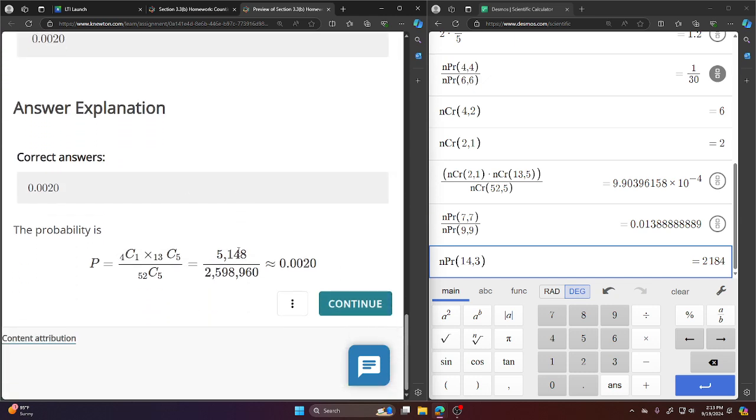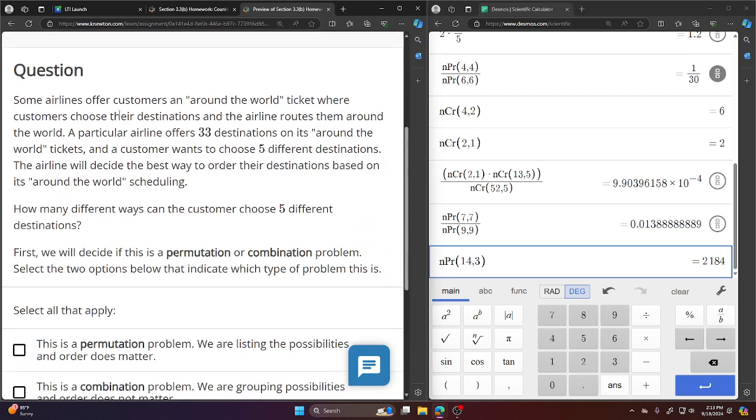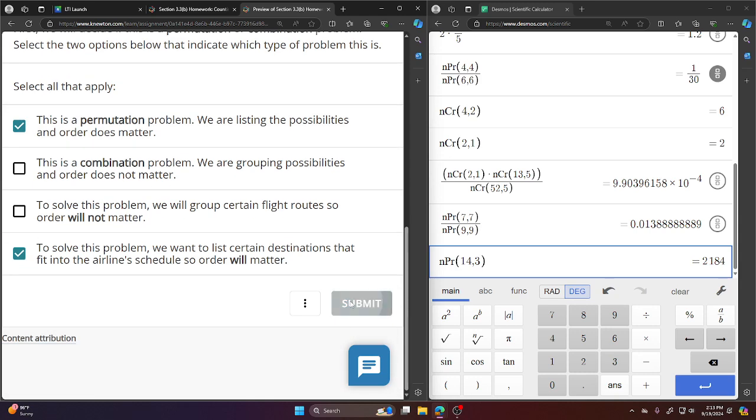I got it right. You want that button. Okay, popular airline offers 33 destinations for around the world tickets, and you can choose 5 different destinations. The airline will decide the best order. So is order important? I feel like it's going to bite me.